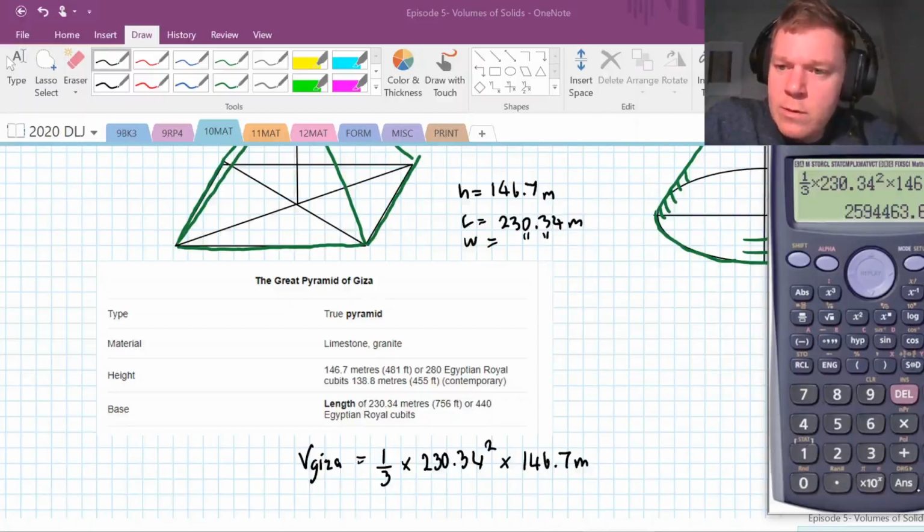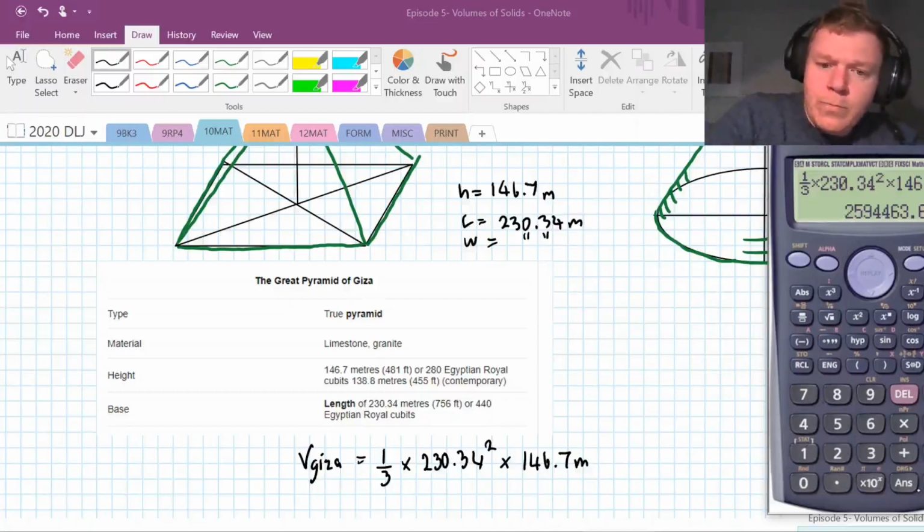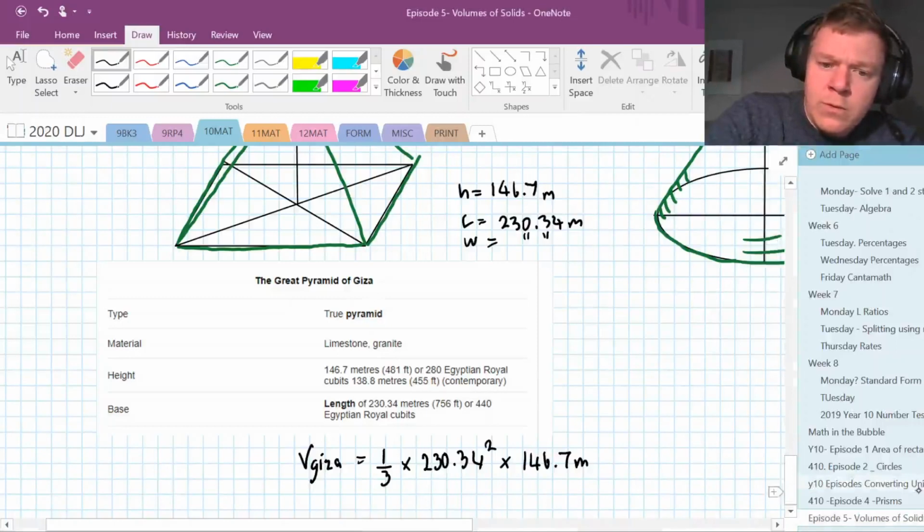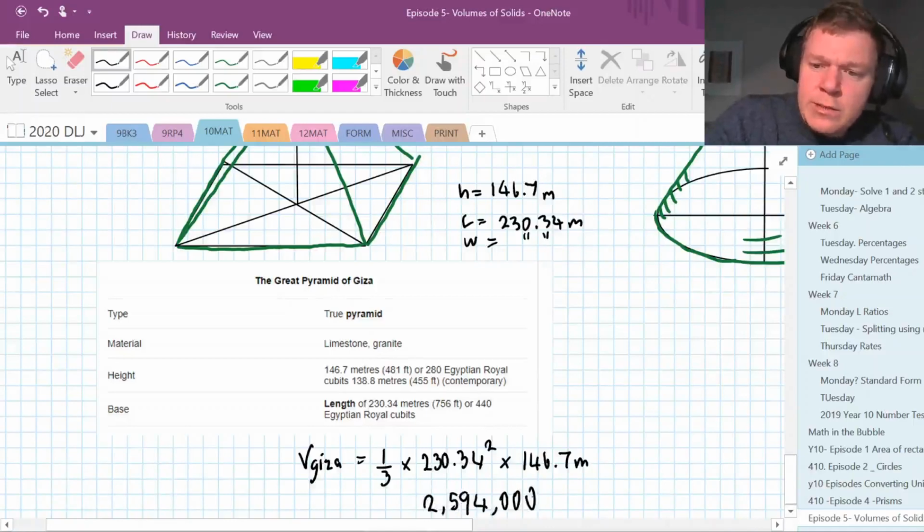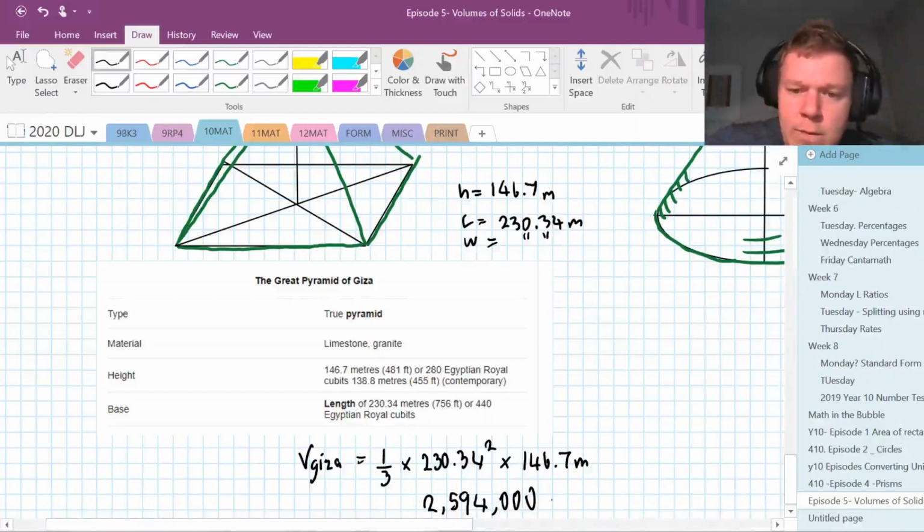Times 146.7. Ooh. 2,594. I've just done it to 3 significant figures. Meters cubed.